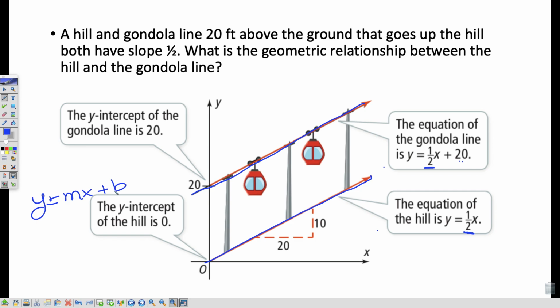It is a little bit down on your page, about a third of the way down. It says linear equation in slope-intercept form is y equals mx plus b.